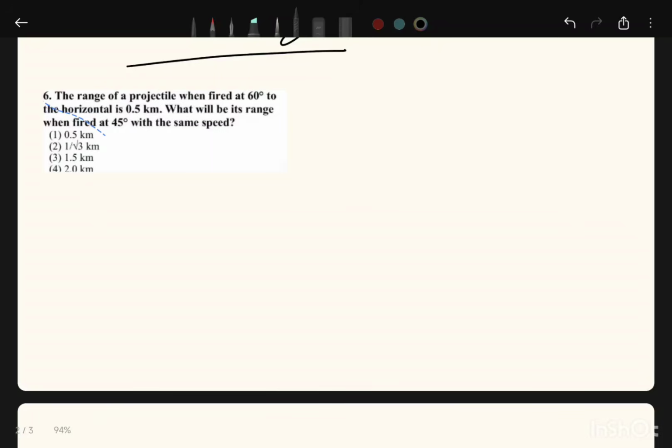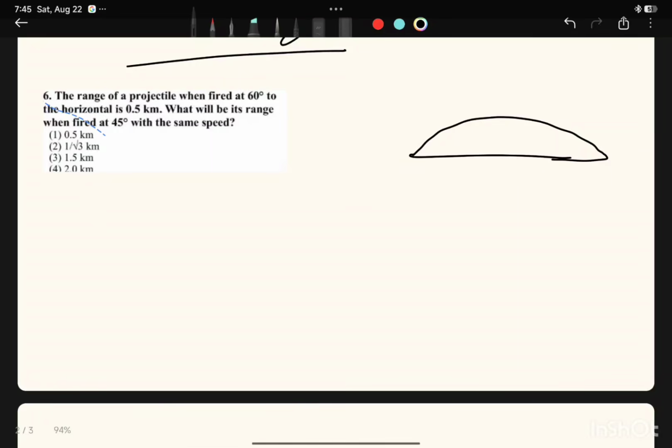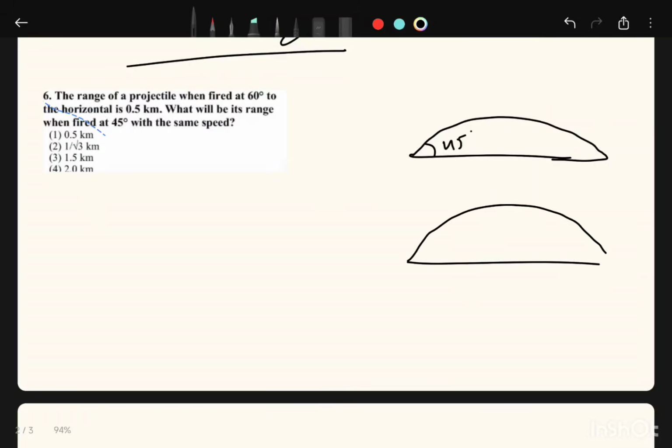What will be the range if it is fired at 45 degree but the speed remains the same? So let's suppose it is fired at 45 degree, and this is the 60-degree angle, right? The velocity is the same, right?